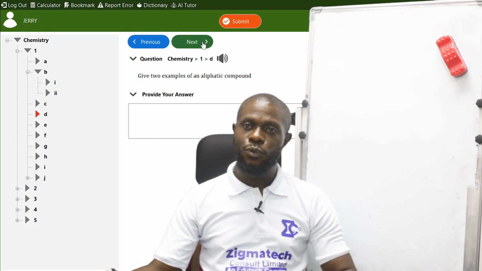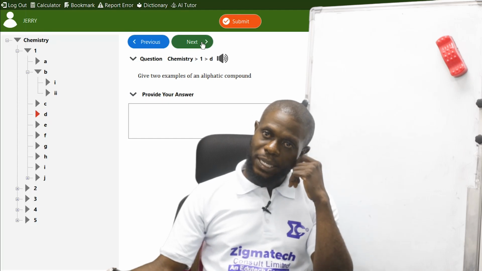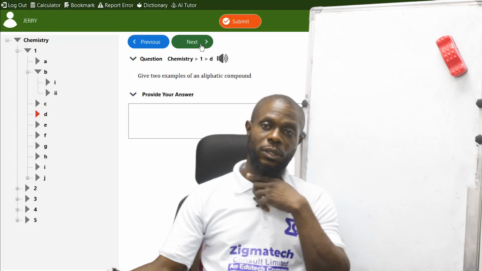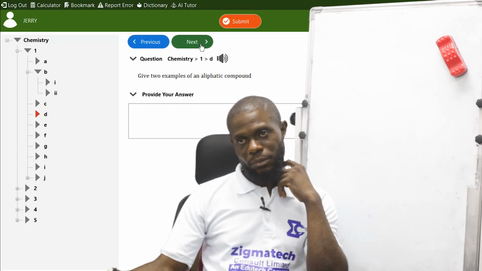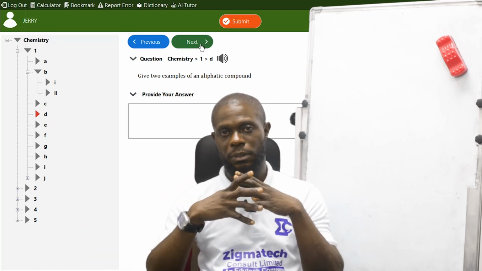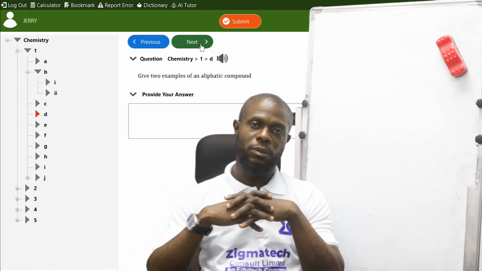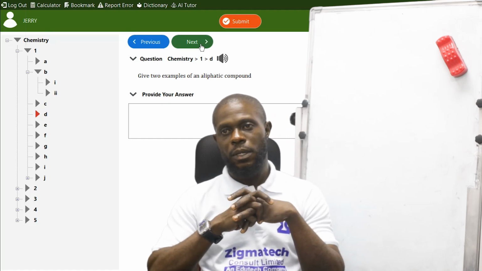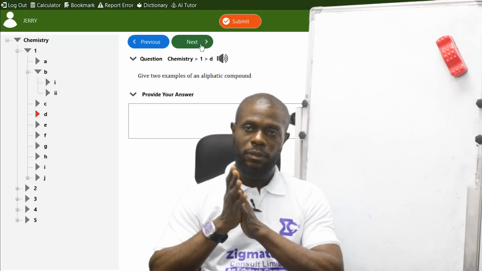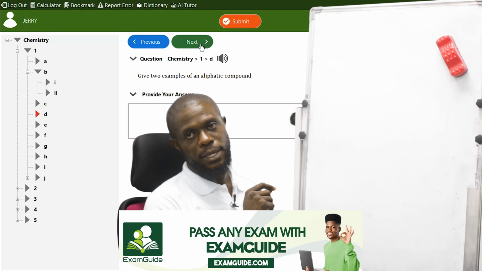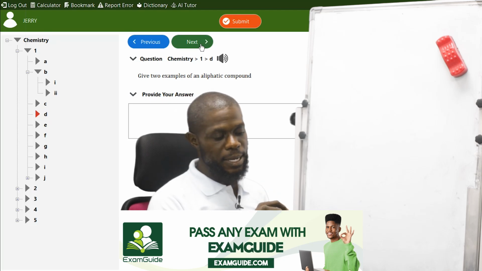The next one says, give 2 examples of aliphatic compound. Aliphatic compound. You know, from the word aliphatic, we know that these things are gotten from fat. Yes, aliphatic hydrocarbons. So these aliphatic compounds are, number 1, methane, and number 2, ethane.